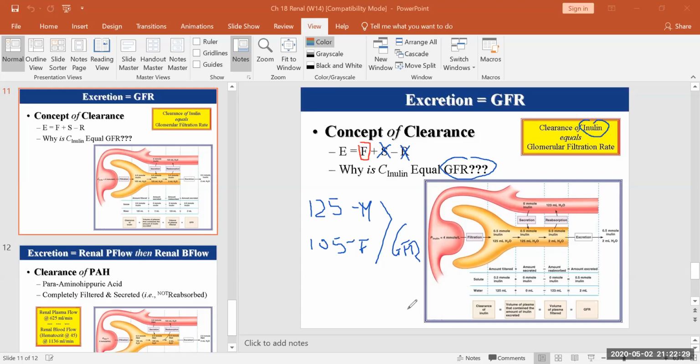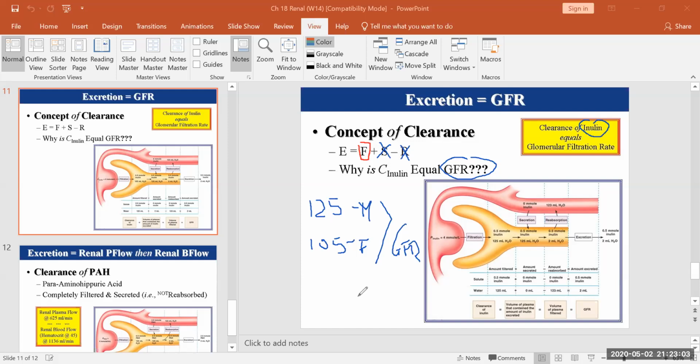Unfortunately, we cannot take inulin by mouth, per os. We have to infuse it, so this is a pretty invasive procedure. It's not ideal. It needs to be done in a clinical setting and under supervision. The patient needs to come in, and we need to infuse inulin into the body so that we can estimate GFR.